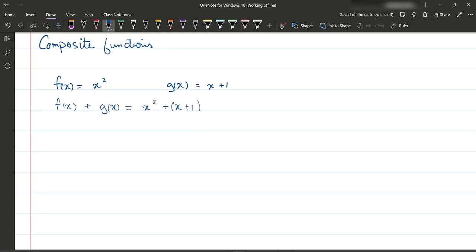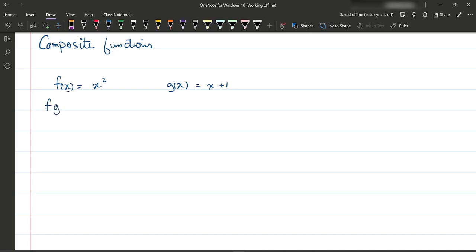That does work, but we haven't combined the functions. We need to use the x values here in here. Basically we can say, in terms of x here, put g.